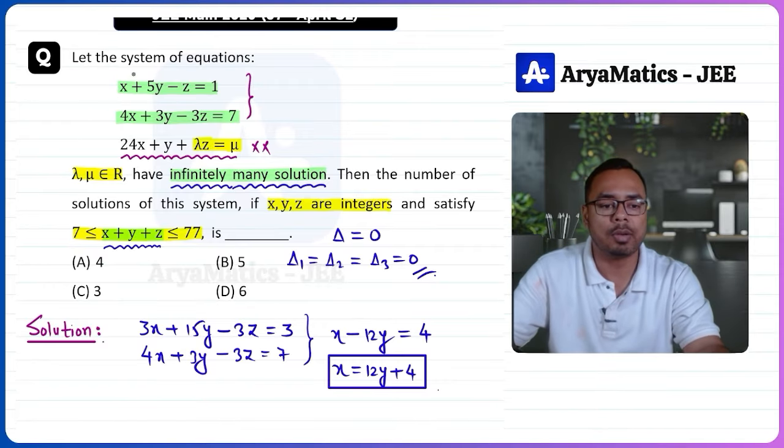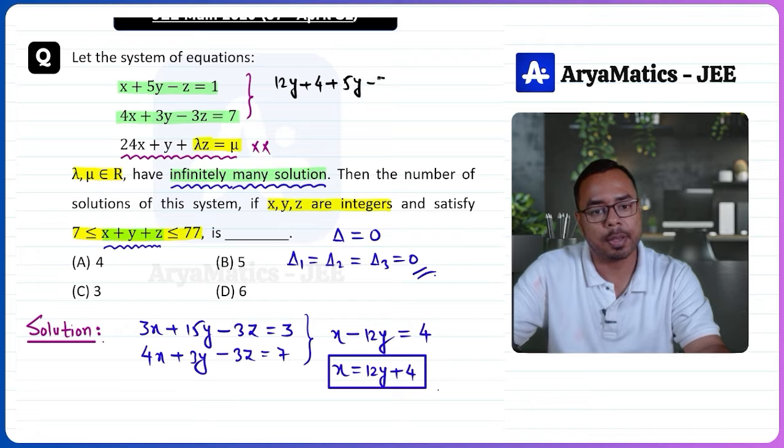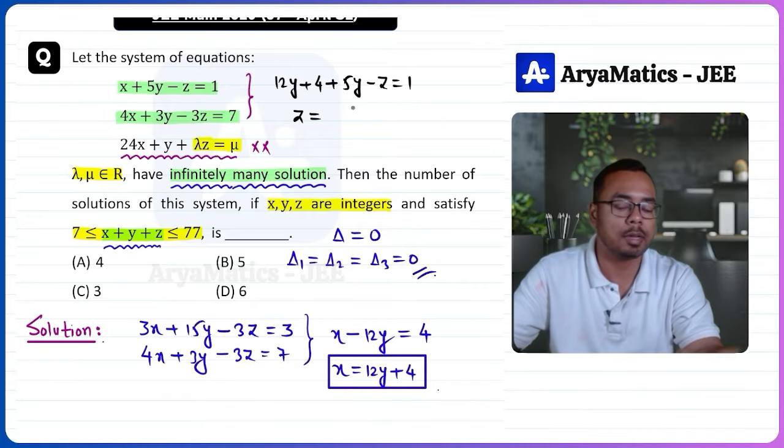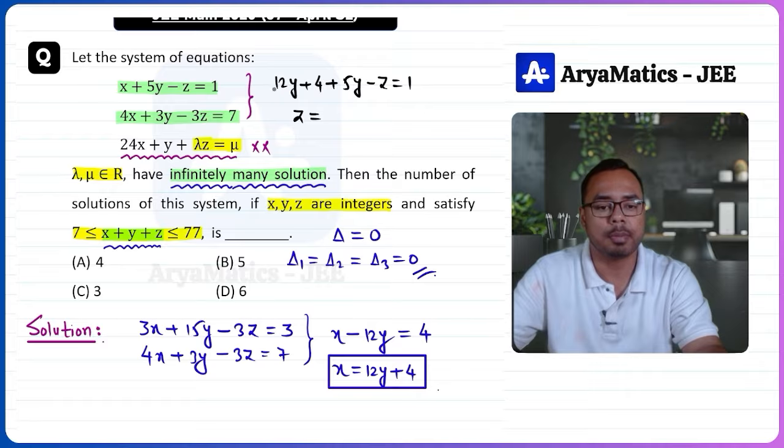Now substitute that value in any one of these two equations, let us say the first equation. In place of x, I'm writing 12y plus 4, then plus 5y minus z equals 1. That means we'll get z in terms of y: z will be 12 plus 5, that is 17y, and 4 minus 1, 3.